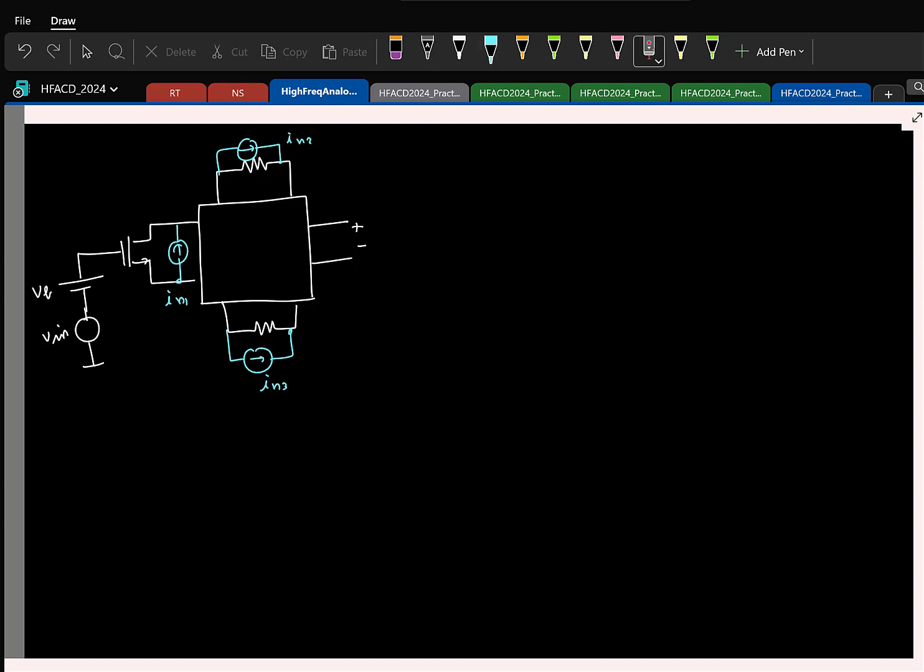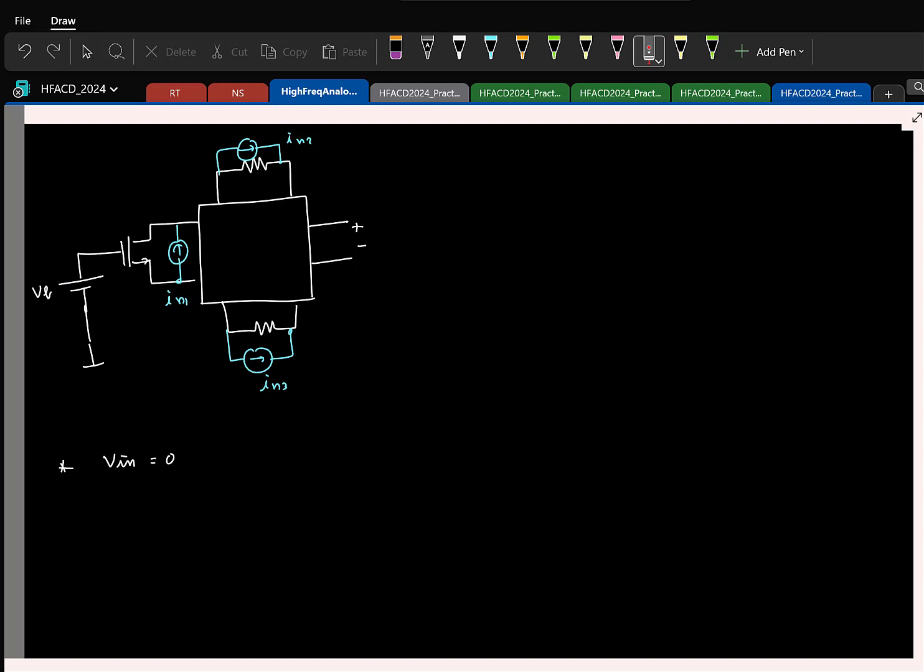Now I know that along with the input, at the output I'll have a contribution from the actual input as well as these noise sources. If you want to find only the noise, we can assume that the input is not there. So the first step is I'll assume that the input is 0. Now, strictly speaking, because I have MOS transistors in the circuit, it's a nonlinear circuit.